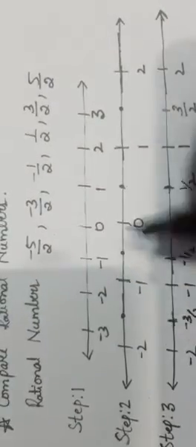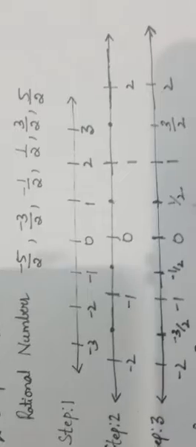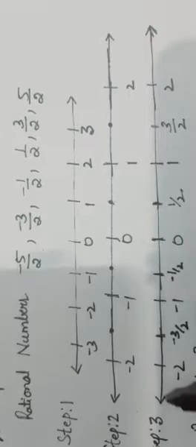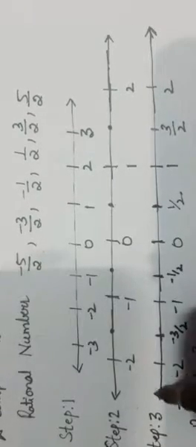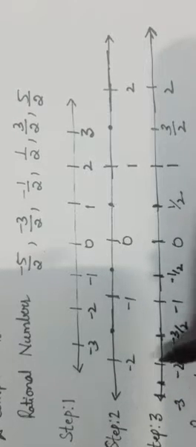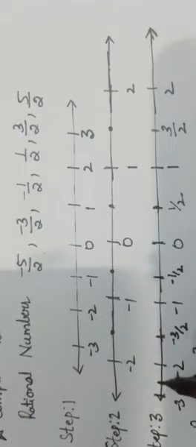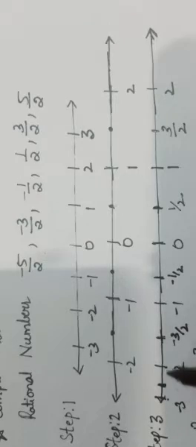Now, we are going to represent all these rational numbers on this number line. The first rational number is minus 5 by 2. Where is minus 5 by 2, children? It is between minus 2 and minus 3. Between minus 2 and minus 3, we have to make 2 divisions. Here from minus 2 to this dot and this dot to minus 3, we have 2 divisions.